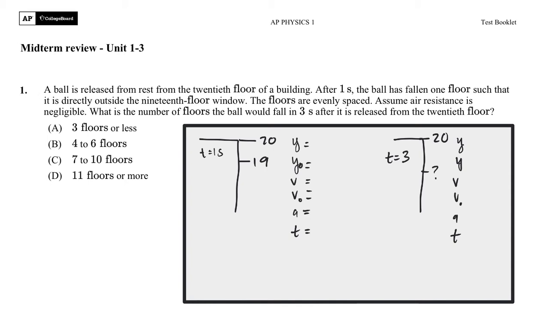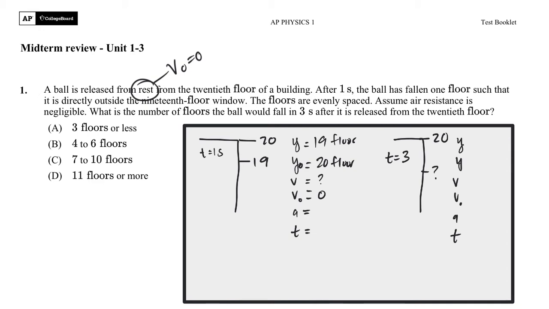So my initial position is going to be 20 floors. My final position is going to be 19th floor. So I go from the 20th floor to the 19th floor. And then my initial velocity, since the ball is being released from rest, is 0. Final velocity, we don't know that.